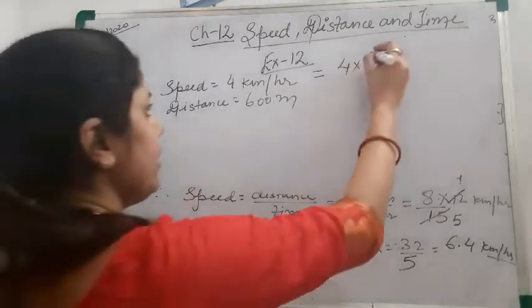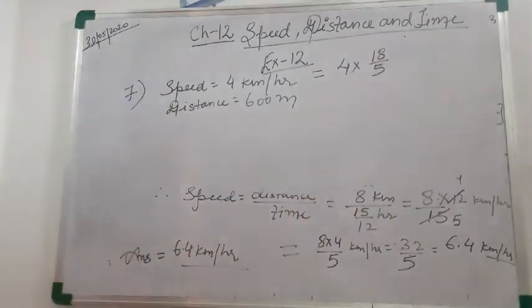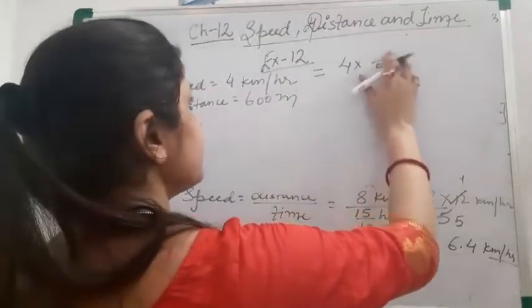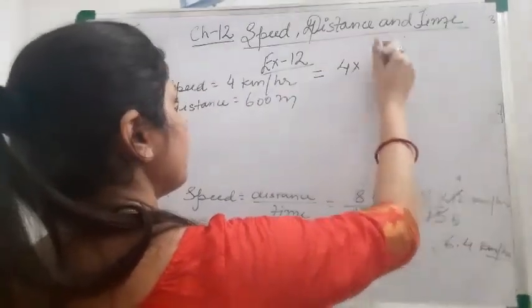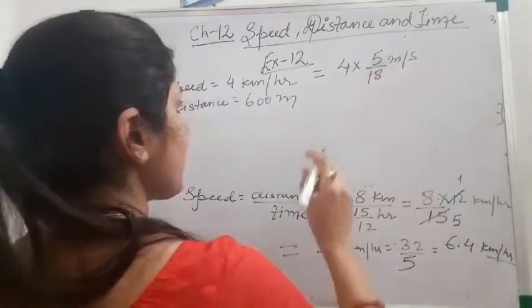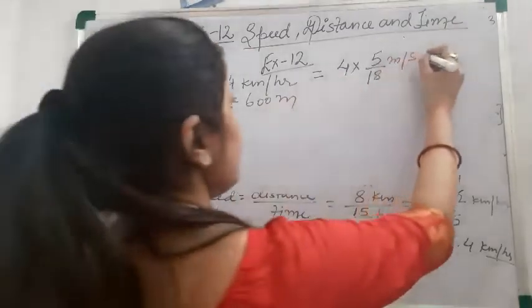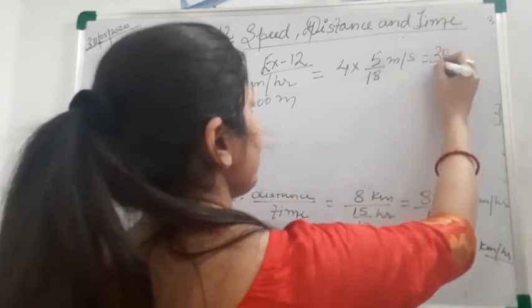Let us convert this kilometer per hour into meter per second. So we will multiply by 5 upon 18, meter per second you have to convert now. So this will be 4 5s are 20 upon 18.